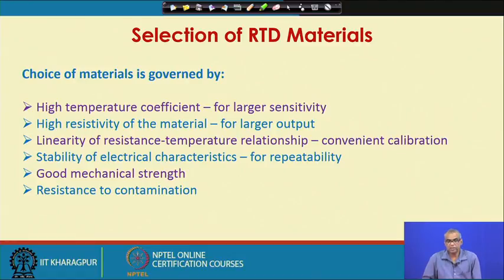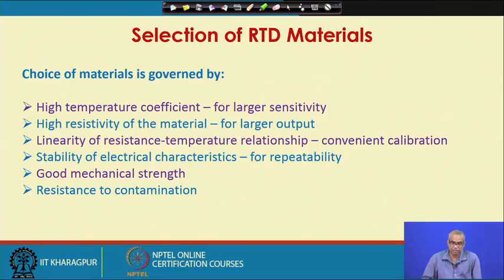The selection of RTD materials is governed by high temperature coefficient. If you have high temperature coefficient, there will be improved sensitivity, high resistivity of the material for larger output, linearity of resistance temperature relationship. This makes the calibration very convenient.